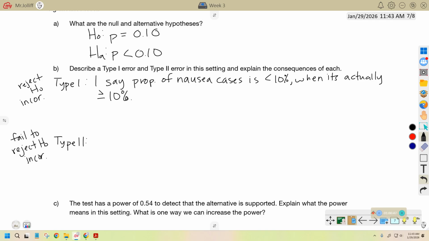Question. If I am the drug manufacturer and the firm I've hired to run this test has said that less than 10% of patients will experience nausea, when in fact 10% or more are going to experience nausea, what is going to happen to me as a drug manufacturer?